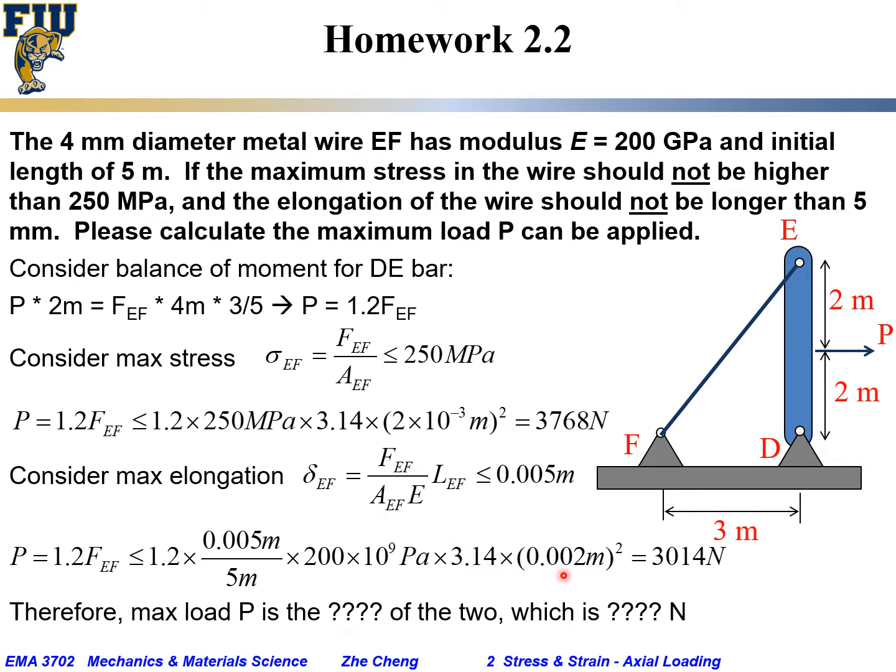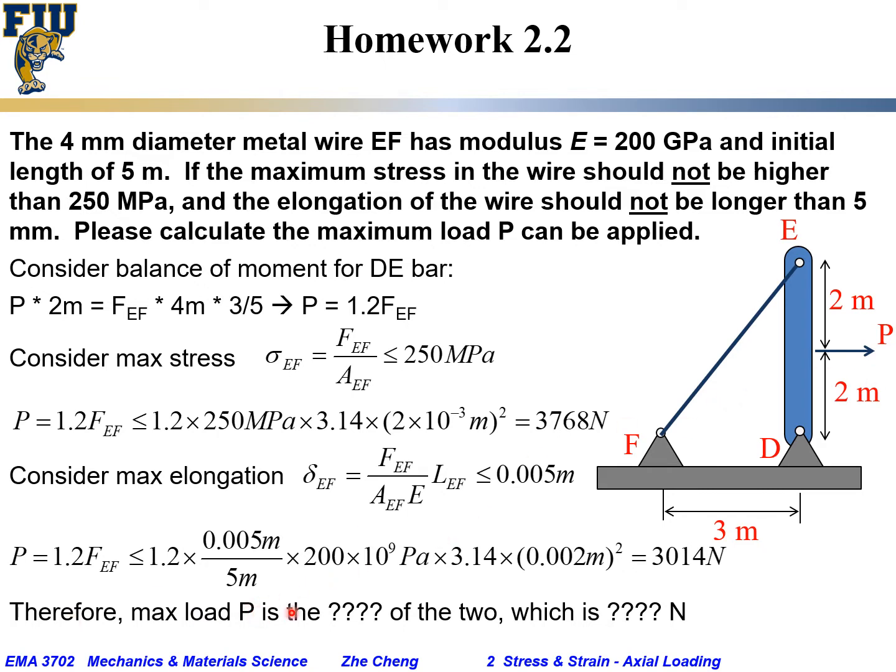R is 4 millimeter divided by 2, which is 2 millimeter. You plug the number in, and when you consider the elongation, P should be smaller than 3014 Newton.